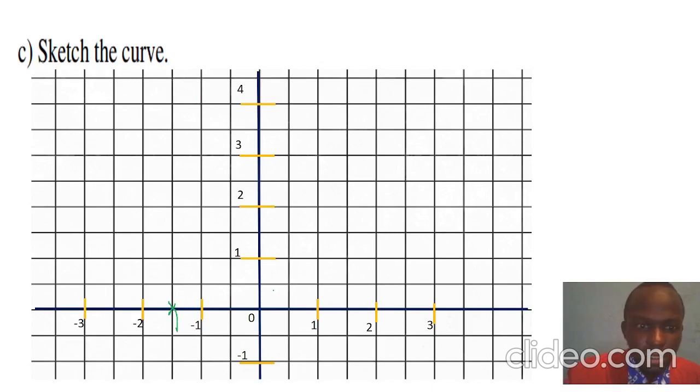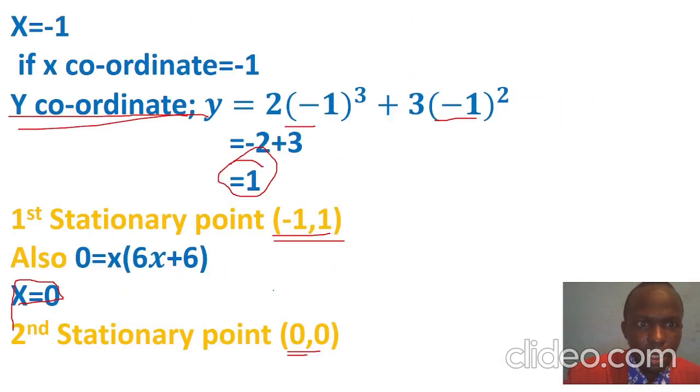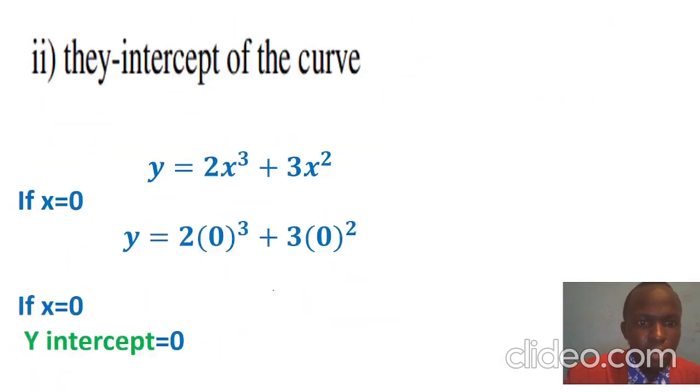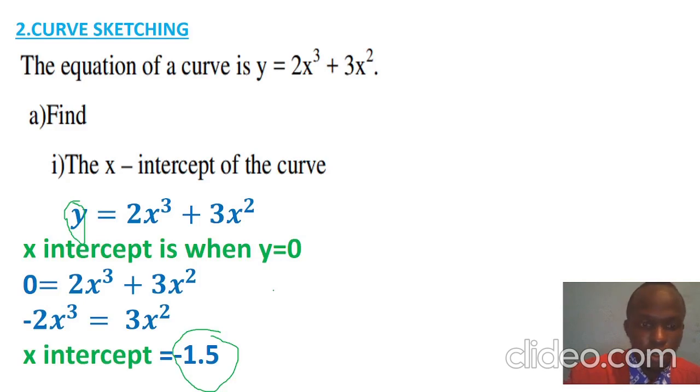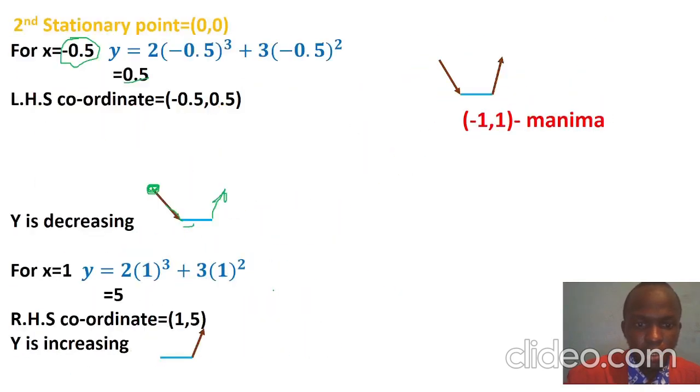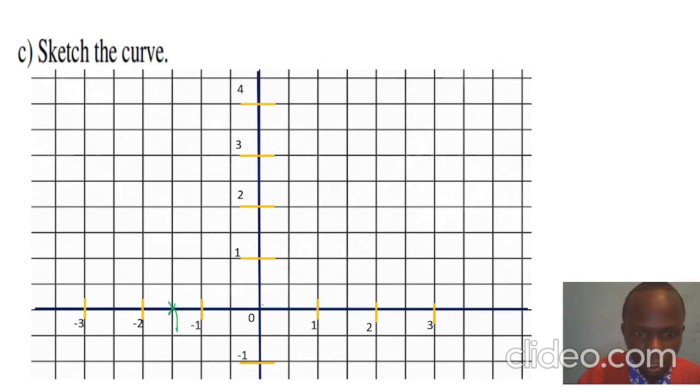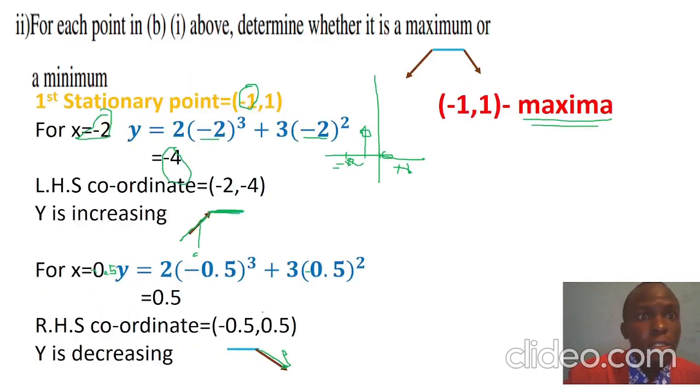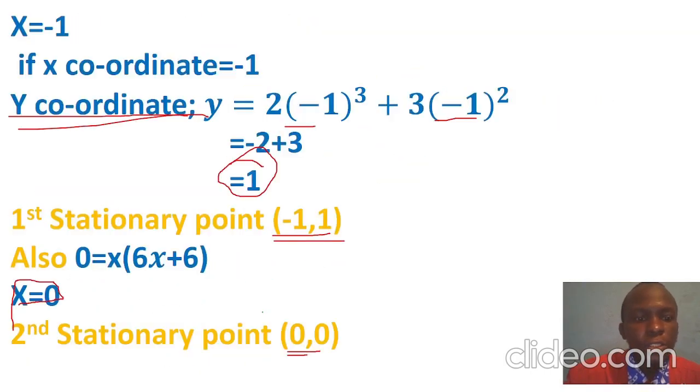Let me check once again. Let me be very sure of what I am doing. So x-intercept is negative 1.5. What is the y-intercept? The y-intercept is 0. So let us mark the 0. Y-intercept is 0. Now the next thing we are going to mark is the stationary points.